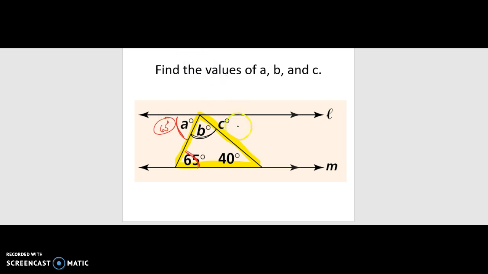Now angle C in this 40-degree angle, those are alternate interior angles, so C is going to be 40 degrees. Now, what do all three of these angles have to add up to? 180. So to find angle B, I would just do 180 minus 65 minus 40, right? Which is going to give me, what is that, 105? So 75 degrees. Okay.